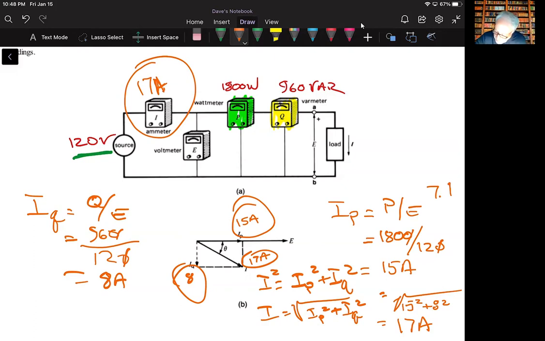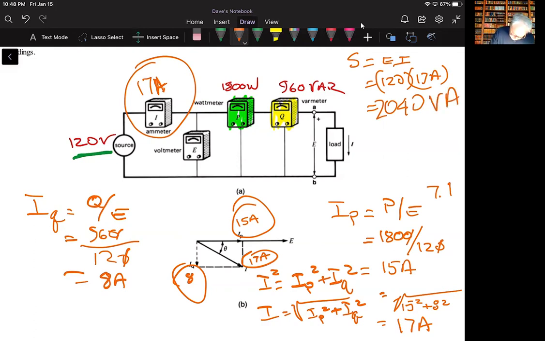Well, the apparent power is the voltage times the current, or 120, and the current is 17 amps. And so that's going to come out to be 2,040 volt amps.